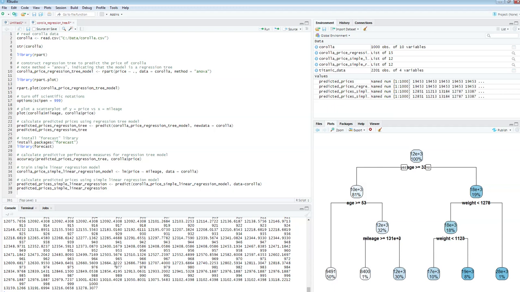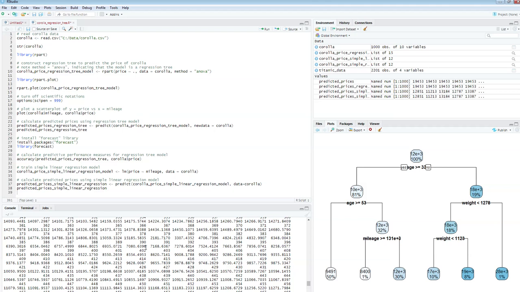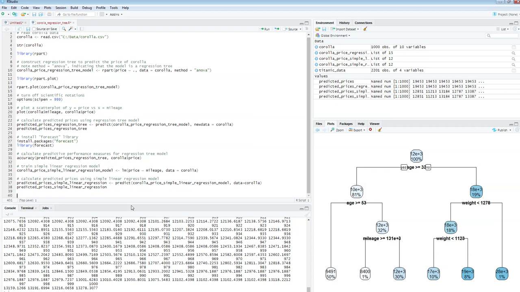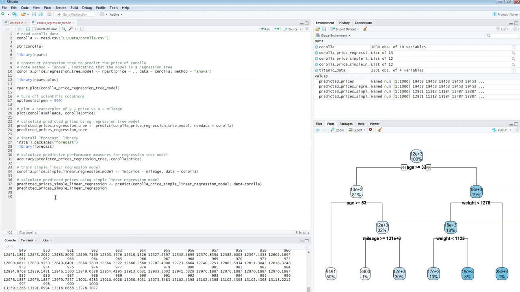This time around, because all cars have different mileages, all predicted prices, you can scroll through them, will all be different, because the predictions are calculated based on the formula that relates price with the mileage. Well, the question is, of course, is that a better model than the regression tree?